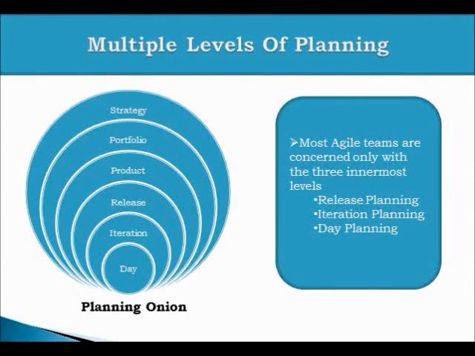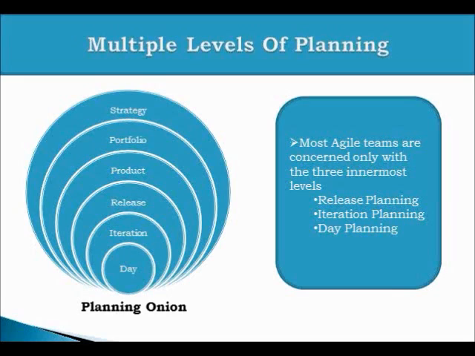Before we get into the planning, let us visualize the planning onion again. Whenever we talk about planning in Agile, we always say that Agile teams are primarily focusing on three layers of the onion, which are day planning, iteration planning, and release planning. But the planning onion represents the overall planning structure which revolves around the Agile project.